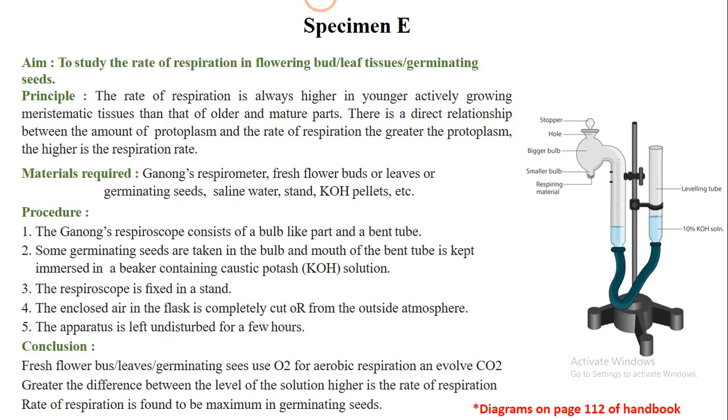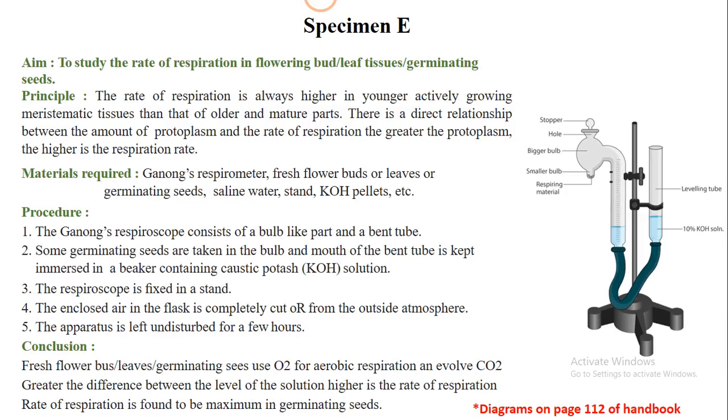And there is always a direct relationship between the amount of protoplasm in the part and the rate of respiration. That means if there is more protoplasm, the rate of respiration is always going to be higher. So this is a direct relationship between the protoplasm and the rate of respiration.